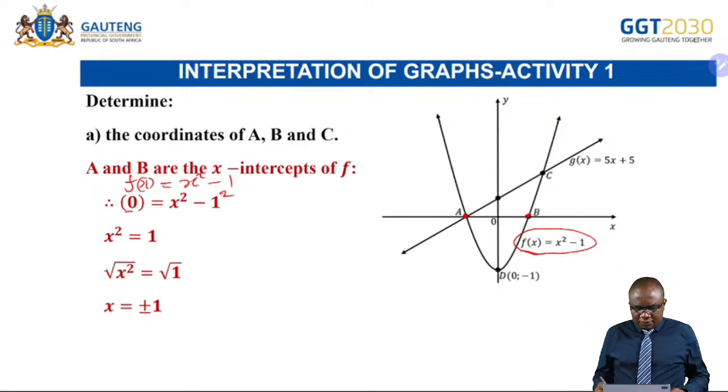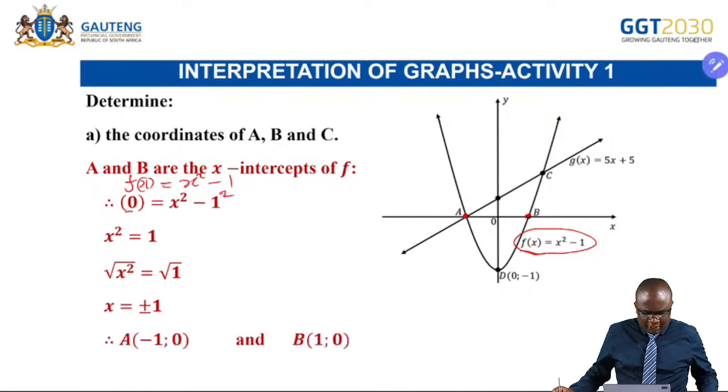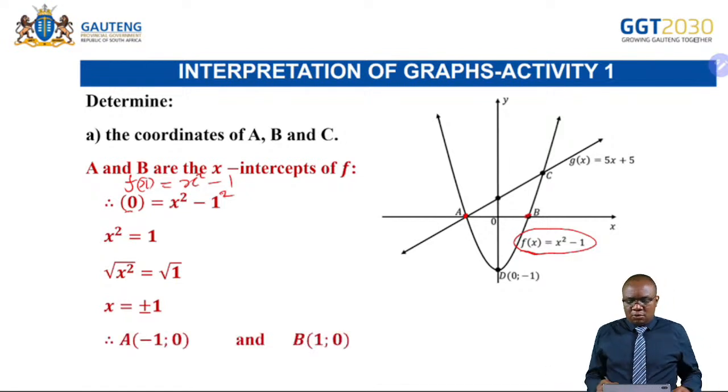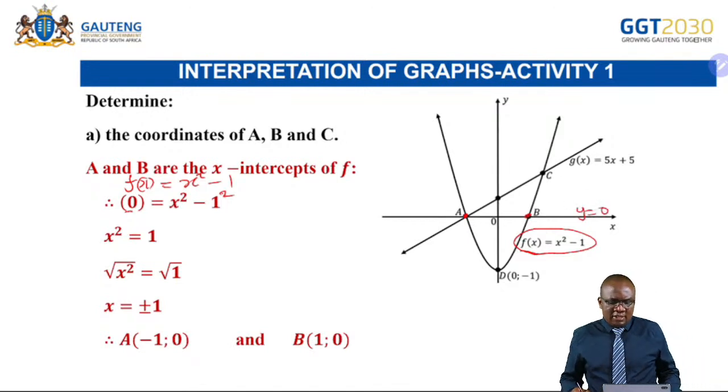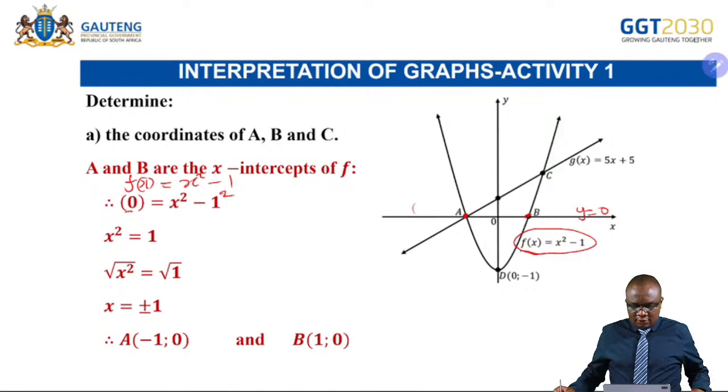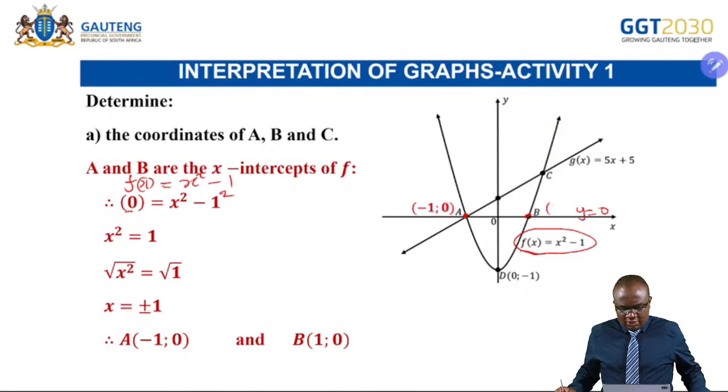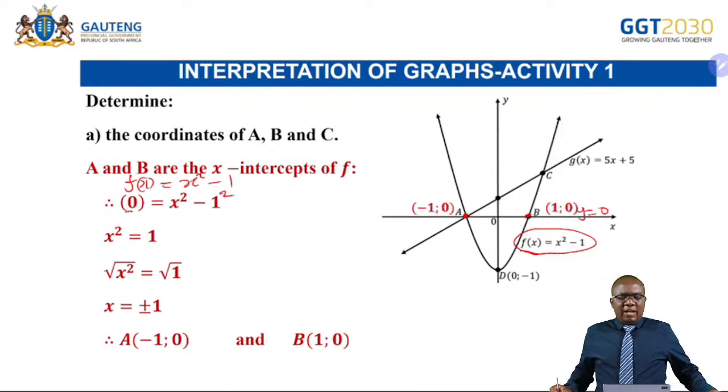So the x coordinate of A will be negative 1, the x coordinate of B will be positive 1. Because it's on the x-axis, y is equal to 0. So these are the coordinates of A, and this is the coordinate of B. Okay, right.